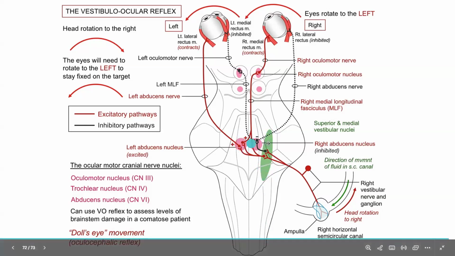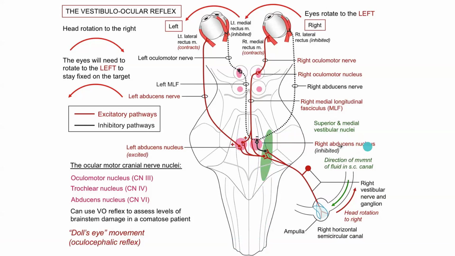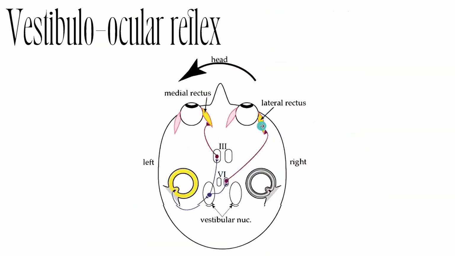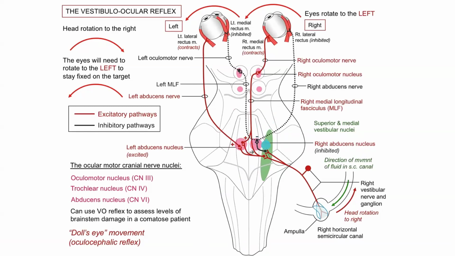From the vestibular nuclei, that will go to, for example, the right abducens nucleus, okay? The right abducens nucleus, which we said is 6. And if we can see over here, it's the lateral rectus, right? So it's going to go to the left abducens. Why? Because the left abducens innervates my left lateral rectus.